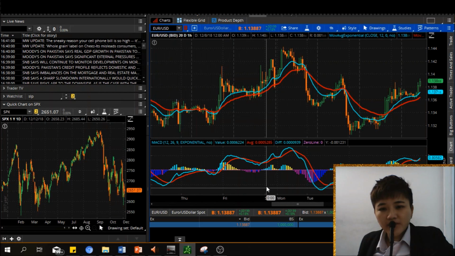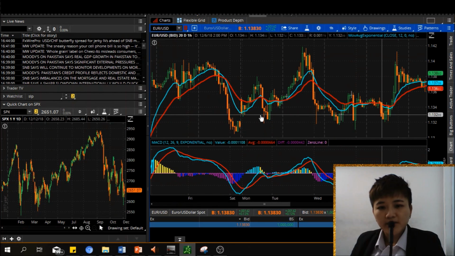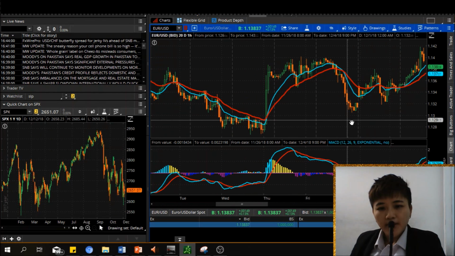Okay, is that better? The bullish bars, which are on top of the center line, are light blue. The bearish bars on top of the center line are yellow. You see that? Let me just give you a better example if I can find one.